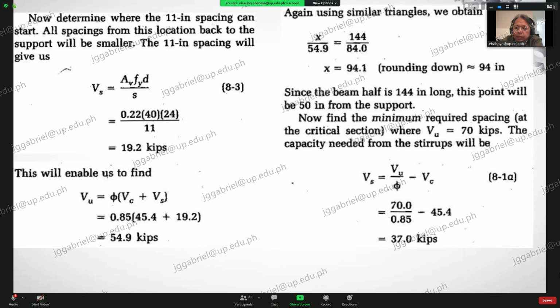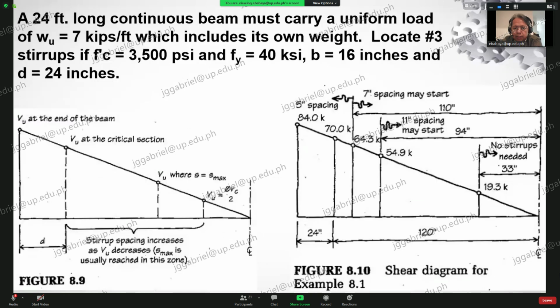So, 94 inches. It says here, since the beam half is 144 inches, this point will be 50 inches from the support. Let's look at that. This is 54.9, this is 94. So, it's close.